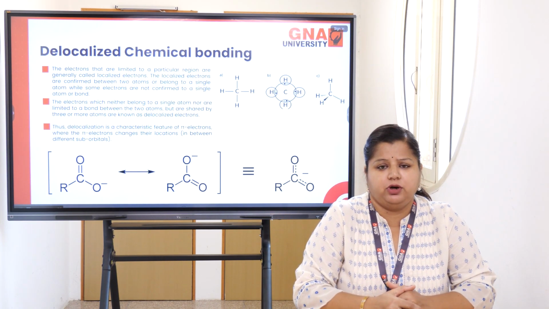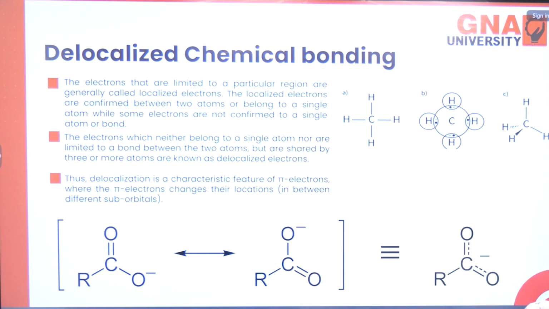So first of all, what are localized electrons? The electrons that are limited to a particular region are generally called localized electrons, meaning the electrons which are confined to a particular region. The localized electrons are confined between two atoms or belong to a single atom, while some electrons are not confined to a single atom or a bond.